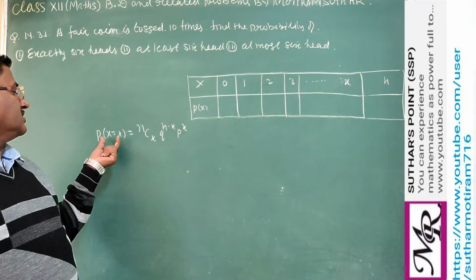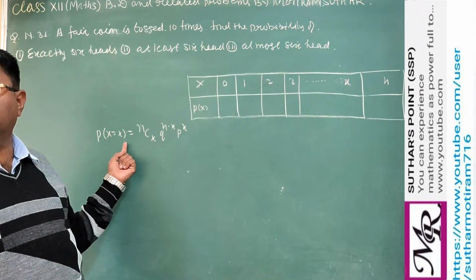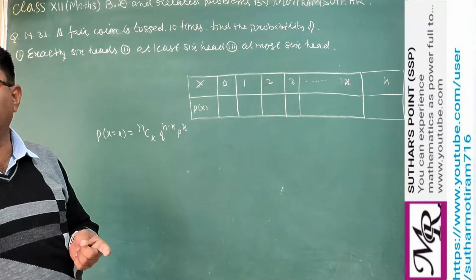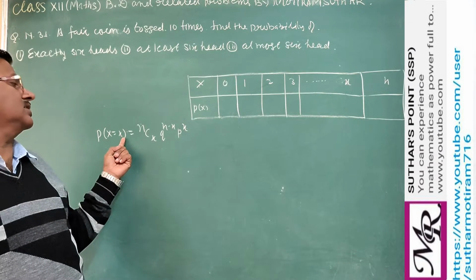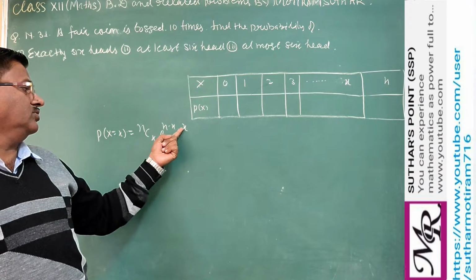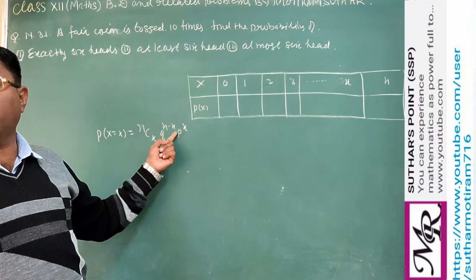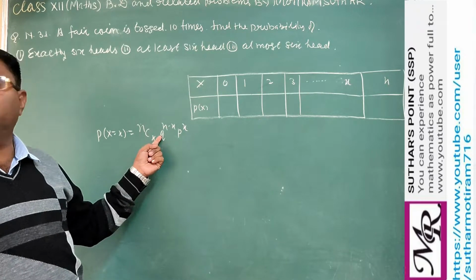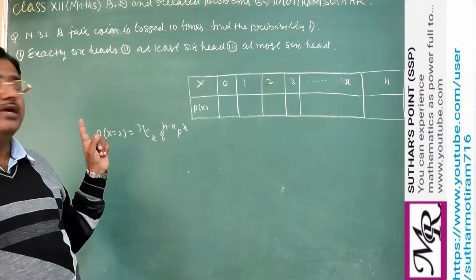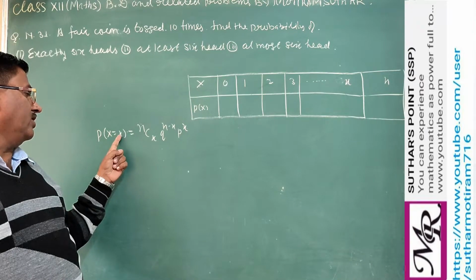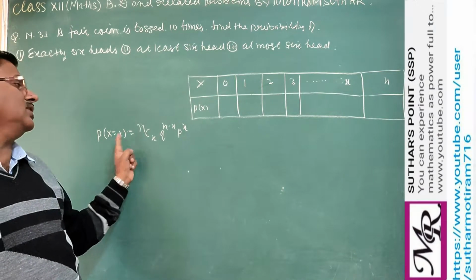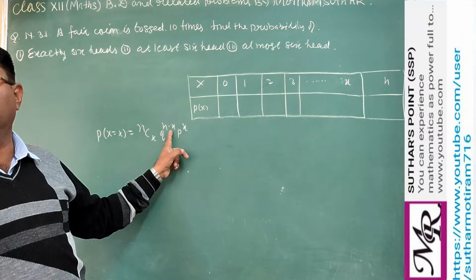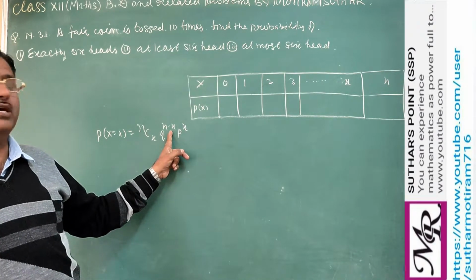Here, the probability of X equal to x means the probability of getting x successes. We know that p is called the probability of success and q is the probability of not success. It means if out of n trials there are x successes, then the remaining trials are failures, that is n minus x.